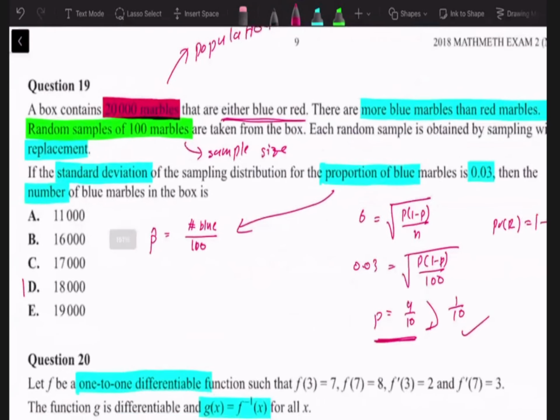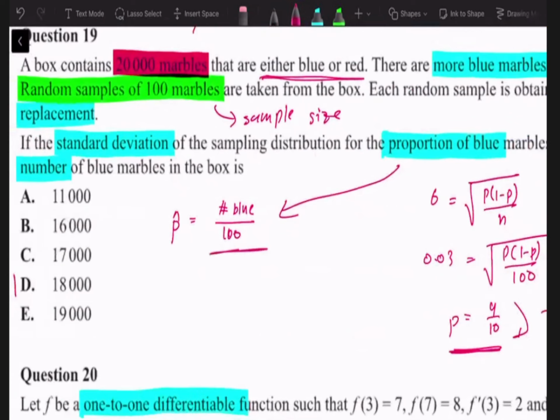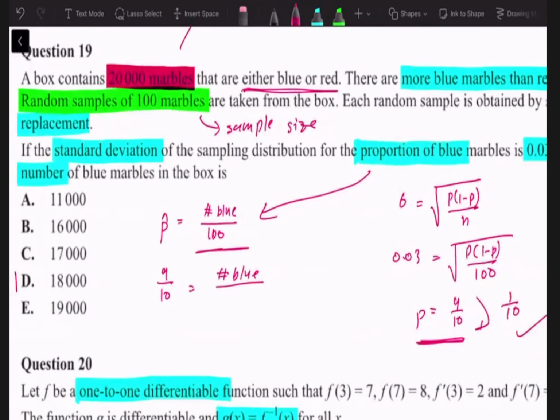So now that we've figured out the proportion, that's why this comes in handy. So 9 on 10 is the number of blue over the sample size, 100. But okay, so now we've transitioned from the sample to the actual box.